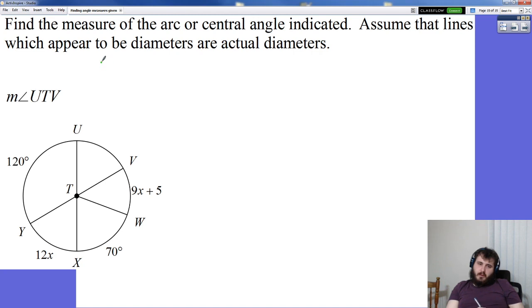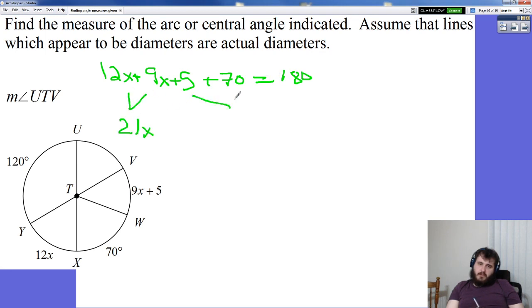So we got 12x, we got 9x plus 5, we've got 70, those add up to 180. Combine your like terms, 12x and 9x makes 21x. 5 and 70 makes 75.